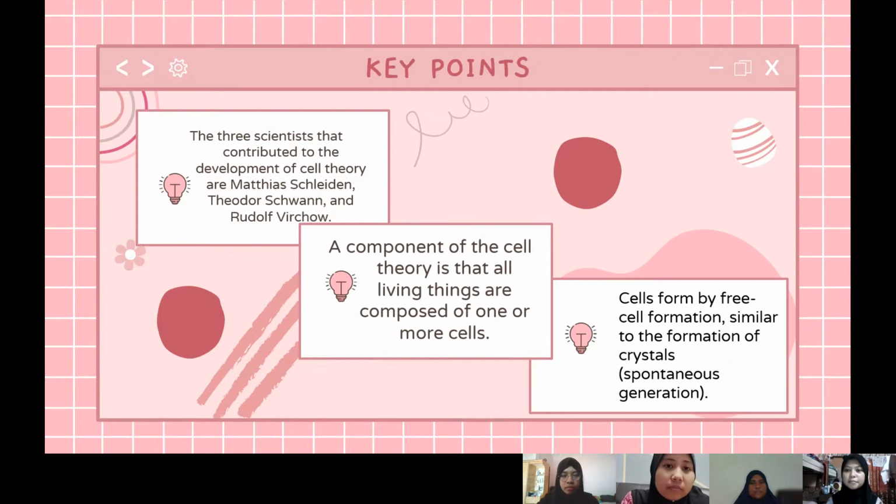To simplify, it is the scientific theory that all living organisms are made of cells as the smallest functional unit. And there are three points of the cell theory.